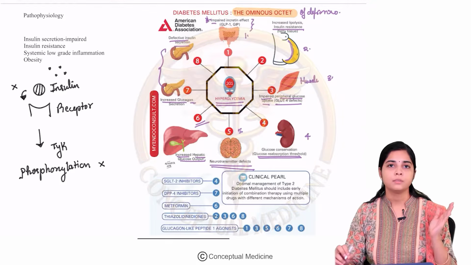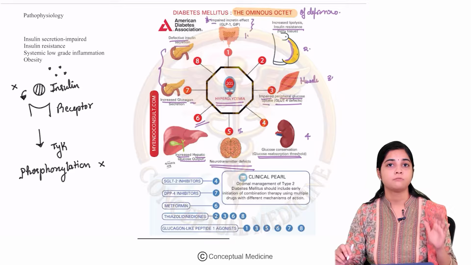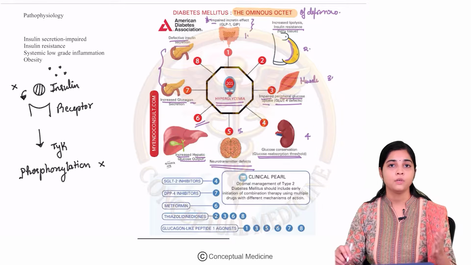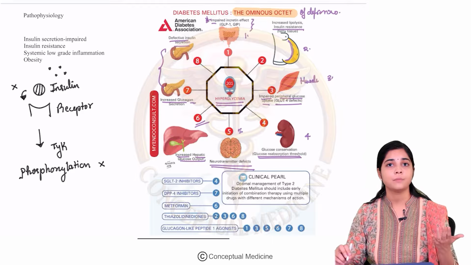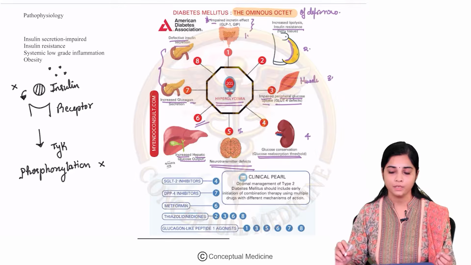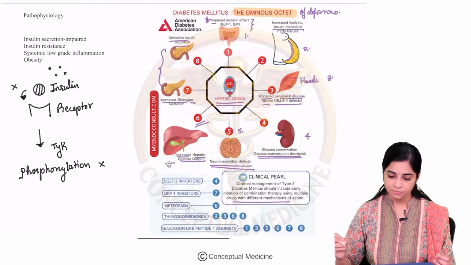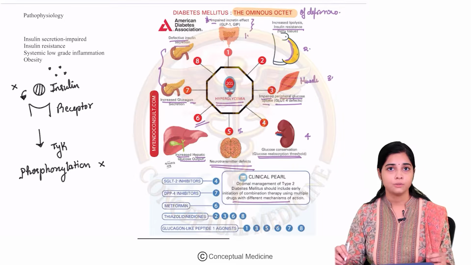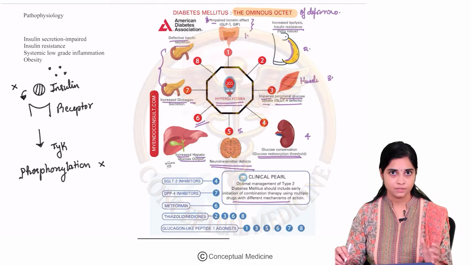And the basic rationale behind multi-drug therapy in diabetes is that you combine 2 to 3 drugs such that their mechanisms of action block 3 or 4 of these processes. That is why we can use multi-drug therapy in the management of type 2 diabetes. Let us look at how these drugs act on each of these processes for better understanding.